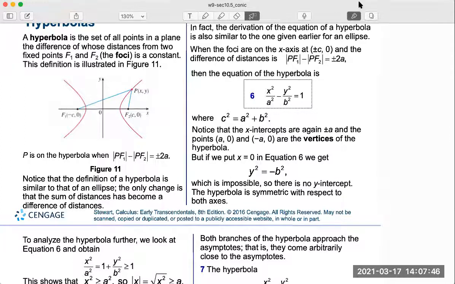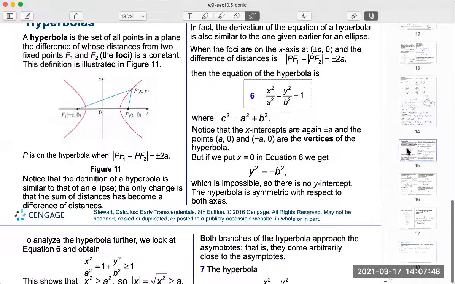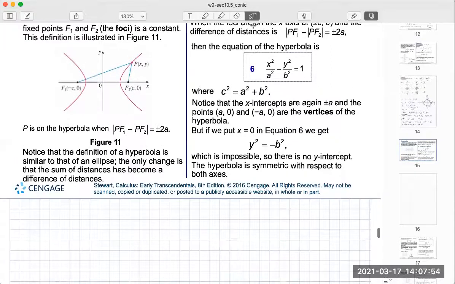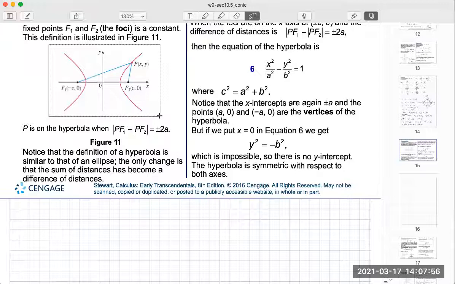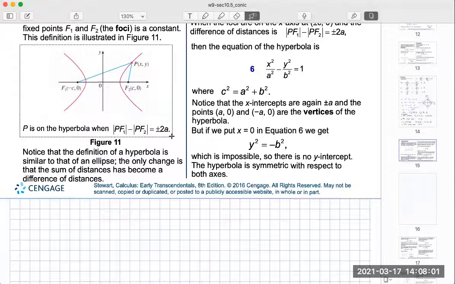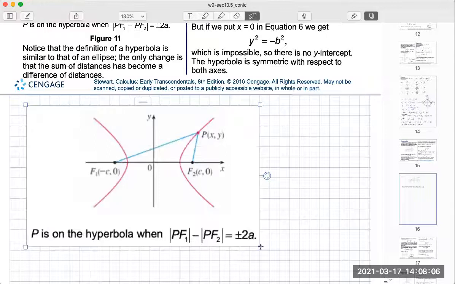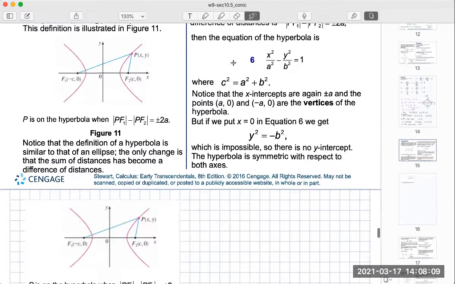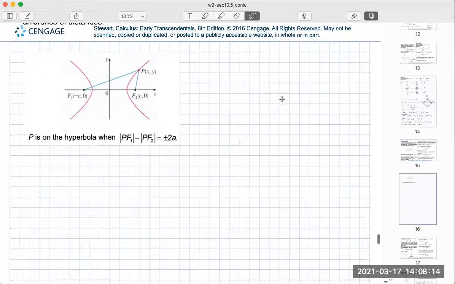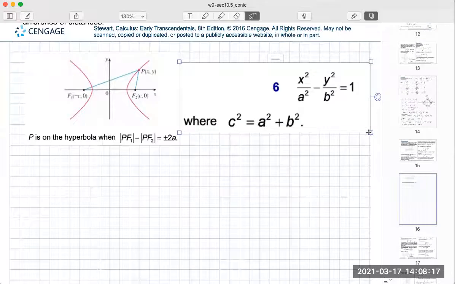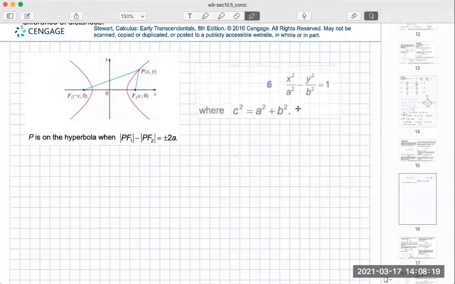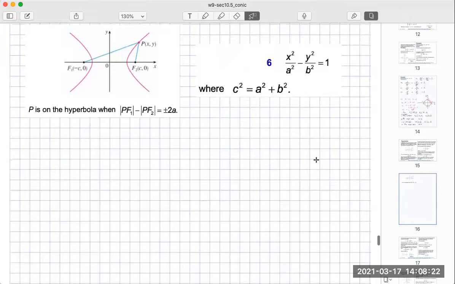Look at this. Now let us take a closer look at this equation. Okay, let us copy this here. Bring it down below here and take a closer look at this equation. It's very interesting.